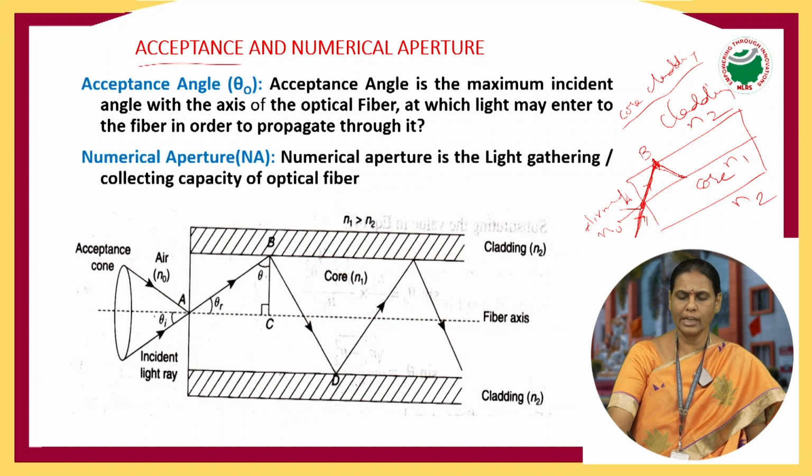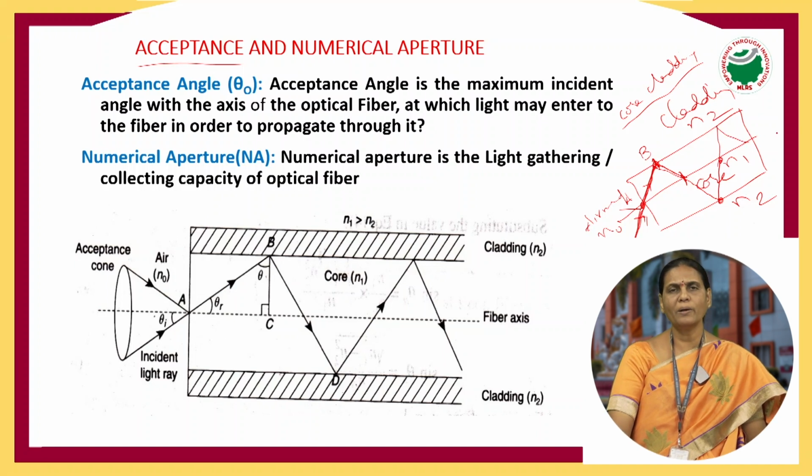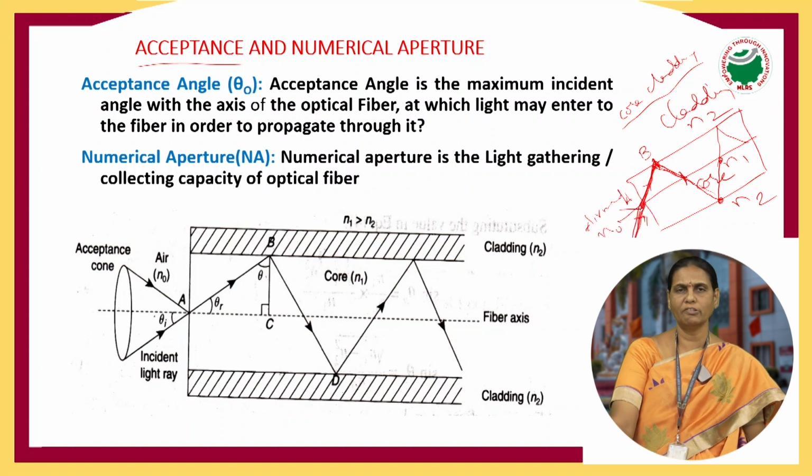Okay, now again if you take this as the initial point, then again it travels like this. It touches this point. Again this is a core cladding interface. Again it comes back into the same medium, that is the core medium. This is how the propagation of light ray takes place inside the optical fiber, passing through the core cladding interface and satisfying the principle of total internal reflection.